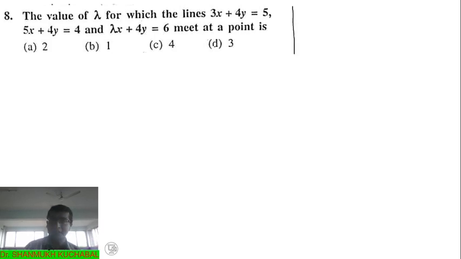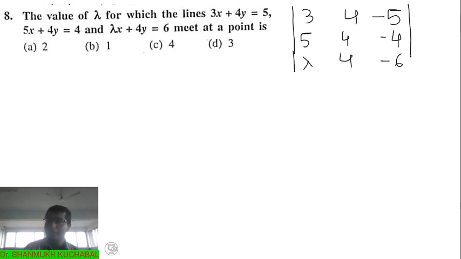Here it is 3, 4. We transpose this equation to the LHS, minus 5 equal to 0. So minus 5, we'll write directly. Similarly, next equation: 5, 4, minus 4. Next, lambda, 4, minus 6. This is equated to 0.